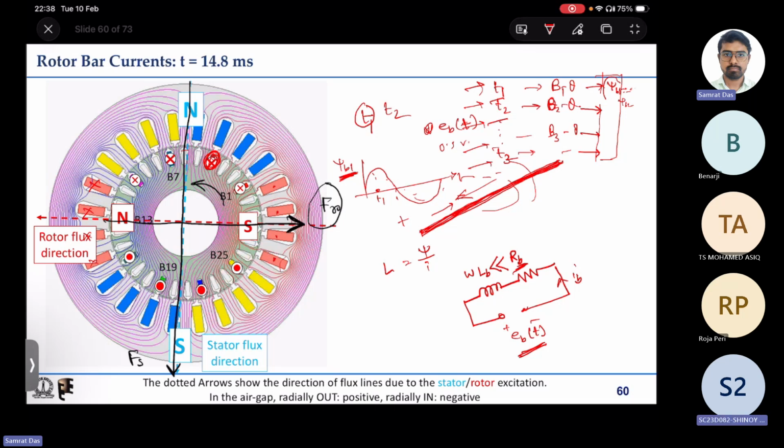Now after that you could write the KVL and KCL equations in the end rings to get the end ring currents also. End ring currents for all these different instances with time, or all the end ring currents at a given instant, and then repeat the same thing for different instances. So all these things can be done from magnetostatic also.